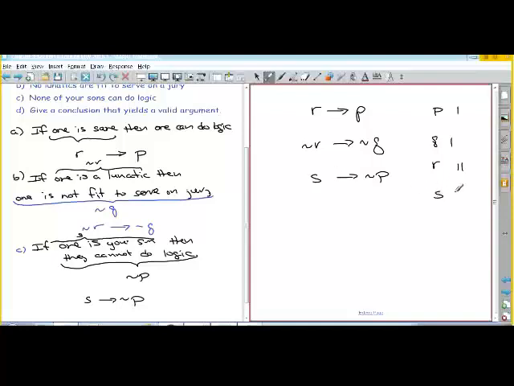We have, I forgot S. We have S. And we have not P. So you can see that Q is mentioned one time and S is mentioned one time. So we can choose either one of those to be the first premise in our argument. So which one am I going to choose? Let's choose this one because it starts out with S instead of the negation.